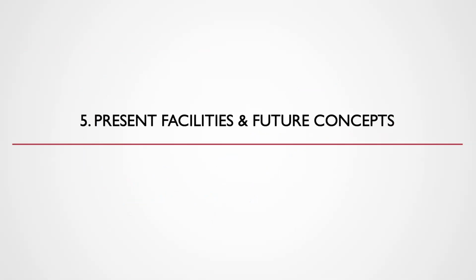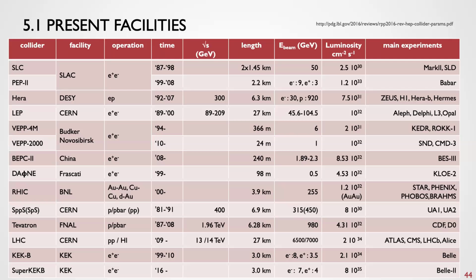Speaking about facilities, let me give you a brief overview of what facilities existed in the past and exist now. I don't think I should read out the list. It's worthwhile to look at it and Google the ones that you don't know.